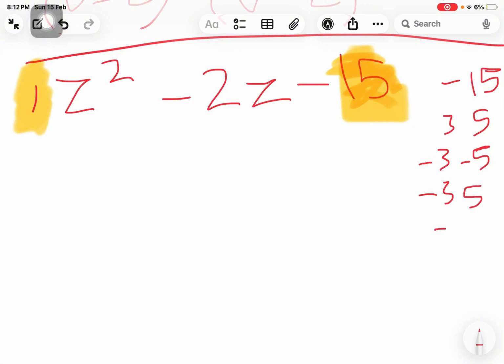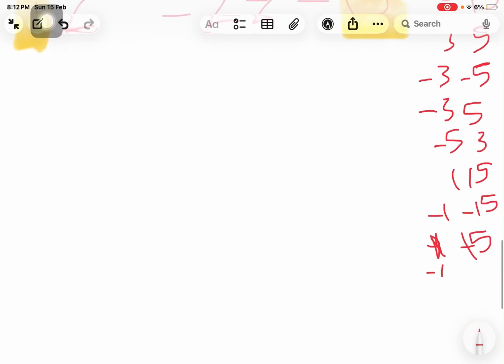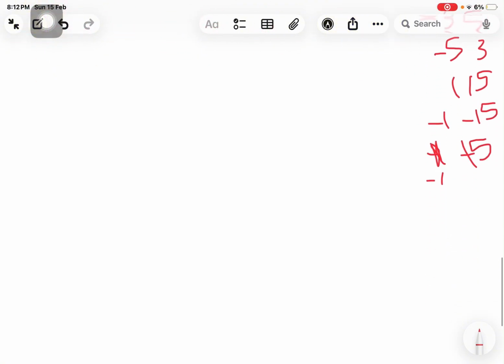Negative 5 and 3. 15 and 1. Negative 1, it's so long, actually. Negative 15, 1, and negative 15 and negative 1, and 15. It's so long.